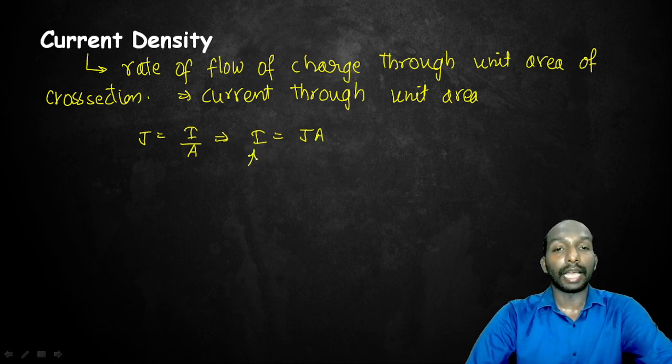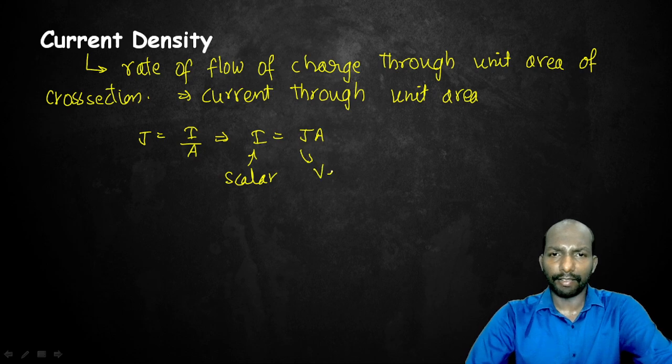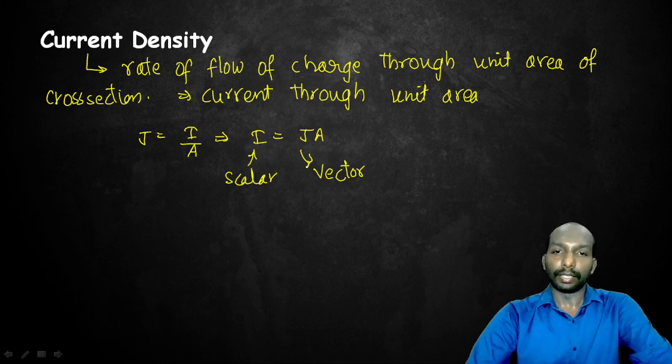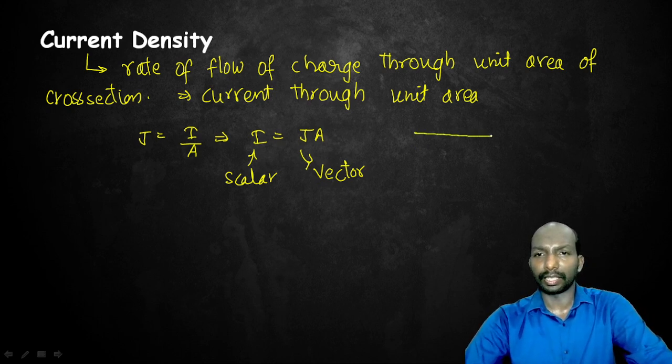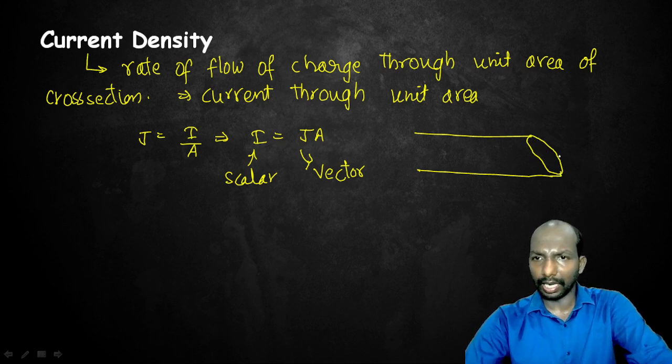Actually, electric current is a scalar, but here J, the current density, is a vector quantity. Suppose I have taken a conductor. I have taken some area of cross section like this, and through this the current density is J bar.